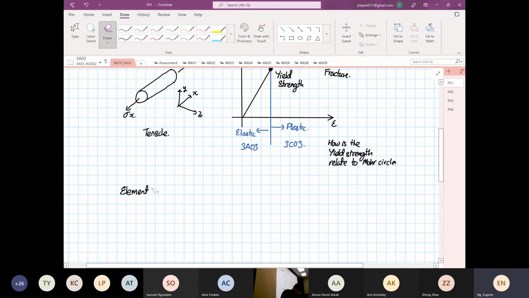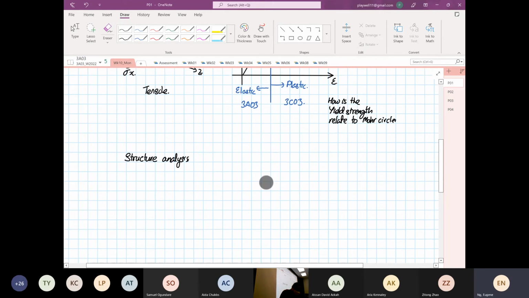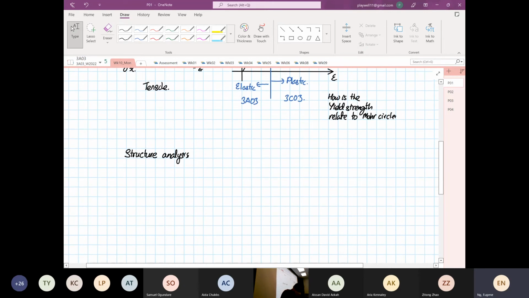Before we go there, we have structural analysis. So we carry out structural analysis. For example, our structure in 3D, we have a structure looking like this. And this is just an example.